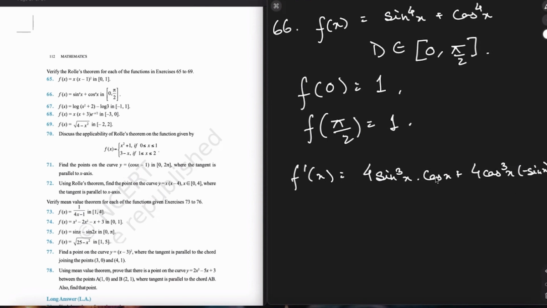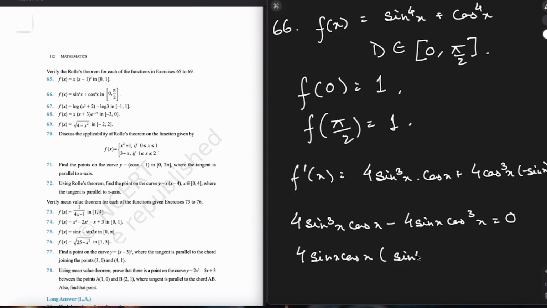This should be equal to 0. Now, I'm solving this. 4 sine cube x cos x minus 4 sine x cos cube x. So 4 sine x cos x times sin square x minus cos square x is equal to 0.